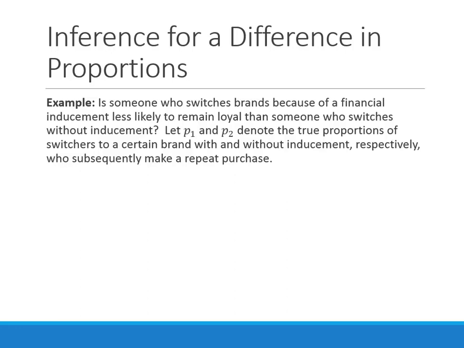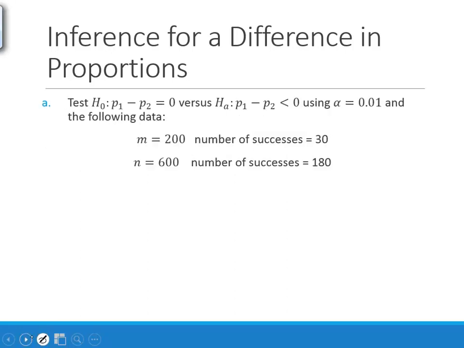Okay, so we'll let P1 and P2 denote the true proportion of people who switch to a certain brand with and without inducement, and who then make a repeat purchase, so are somehow loyal in some sense here. Okay, so first let's do a hypothesis test. So we want to test that the proportions are the same versus that the difference is less than 0.